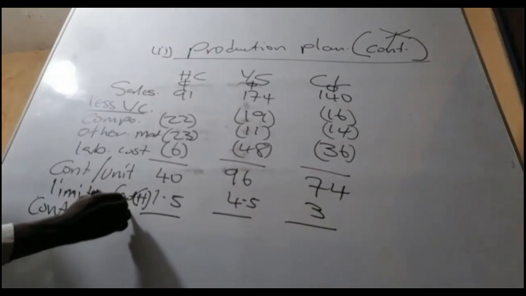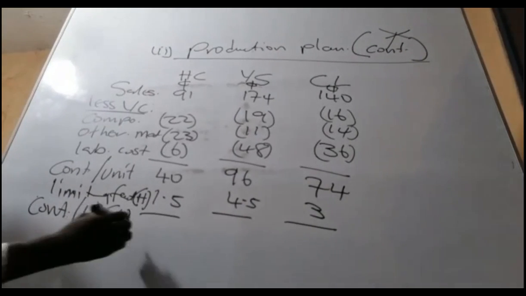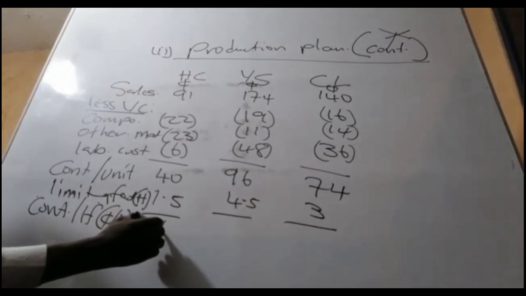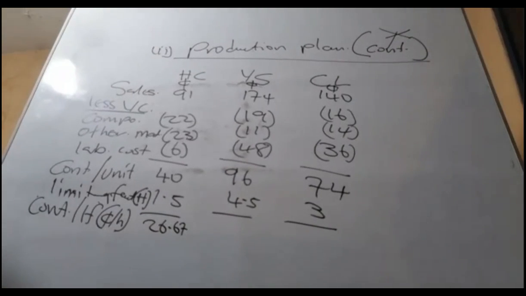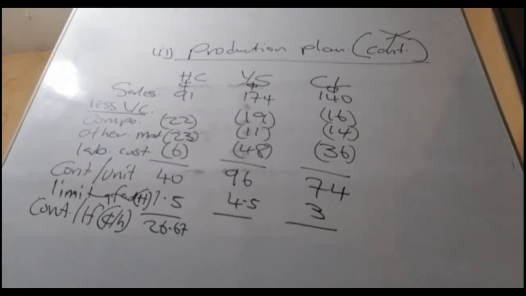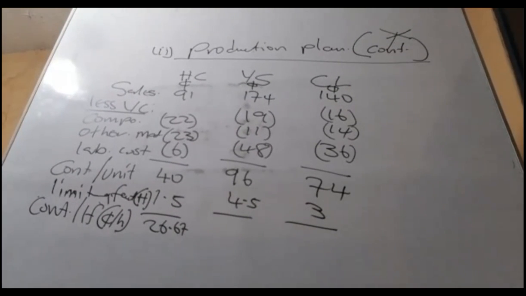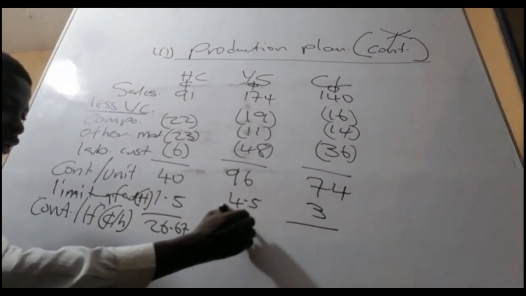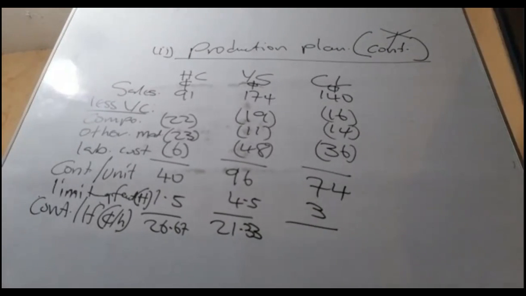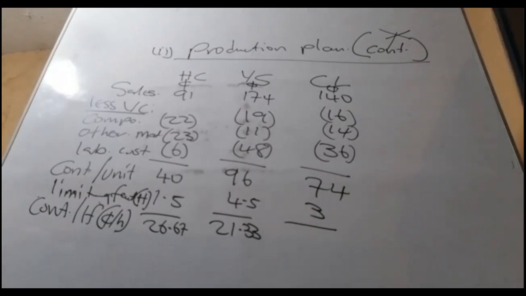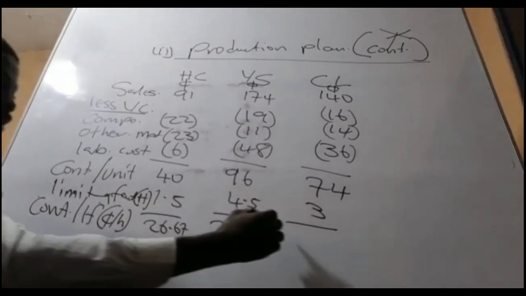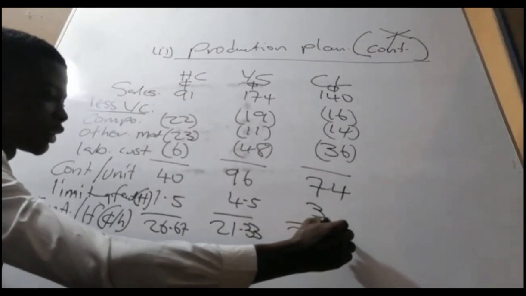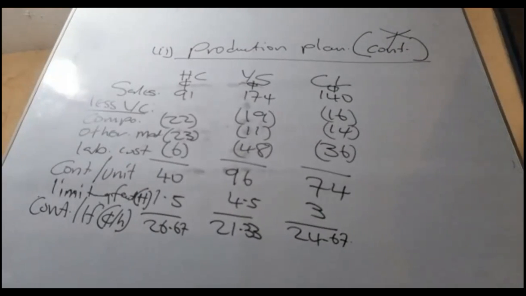Here we get 26.67. Then 96 divided by 4.5 gives 21.33. Lastly, 74 divided by 3 gives 24.67.